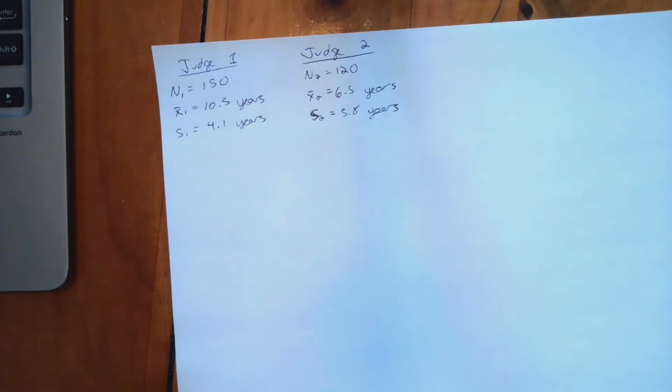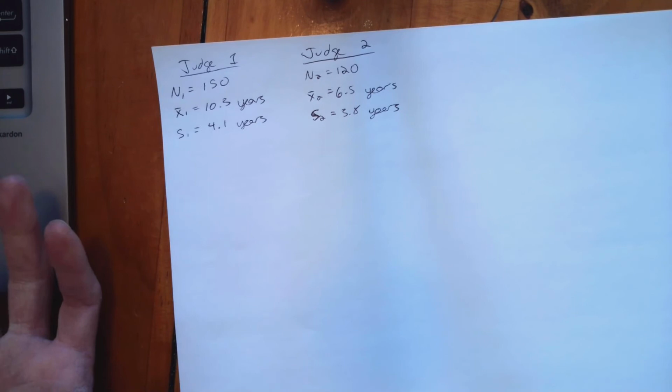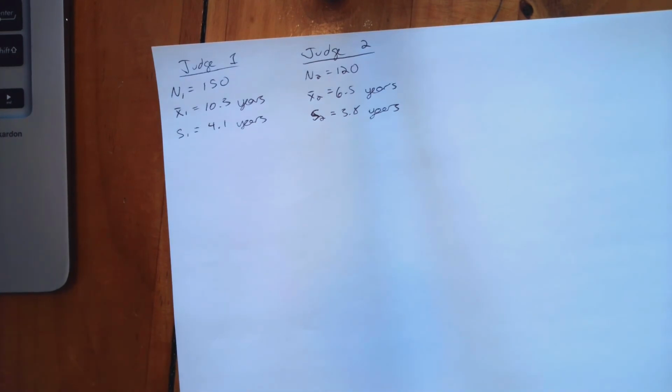So here we're comparing sentences given out by these two judges, with the idea being that these are samples that represent the broader population of each judge's sentences. Of every sentence that Judge 1 has given or could give, this is 150 of those possible sentences. Of every sentence that Judge 2 has given or could give, this is a sample of those.